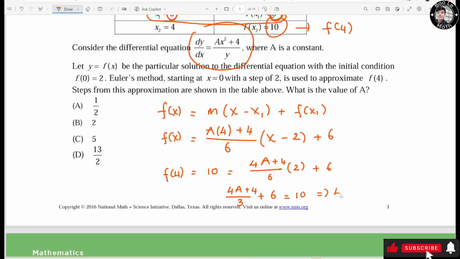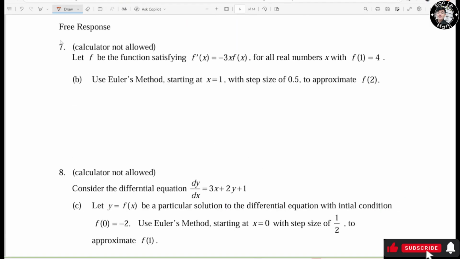It's going to be 4a plus 4 plus 18 subtract 30 equals 0, right? So 4a equals 8. Then a equals 2, right? The answer is B. Now let's move on to question 7.